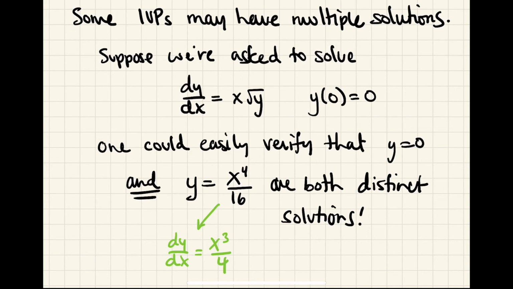All right, but if you take our y and you just insert it into the differential equation here, you're going to get the square root of y, which is x squared over 4, multiplied by x is x cubed over 4. So it is a solution to the differential equation. And just like y equals 0, they both satisfy the condition y of 0 is 0.